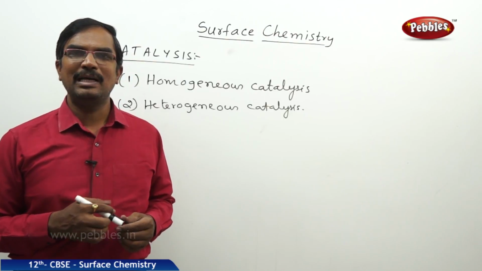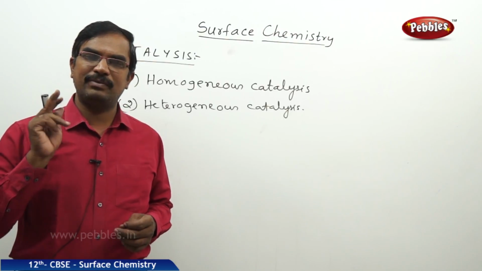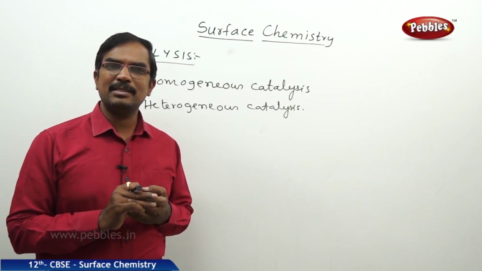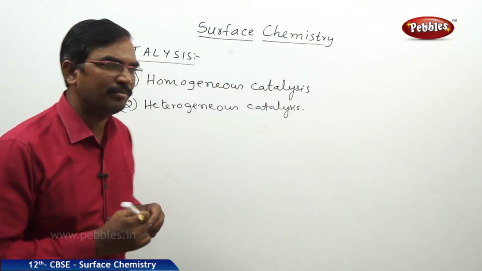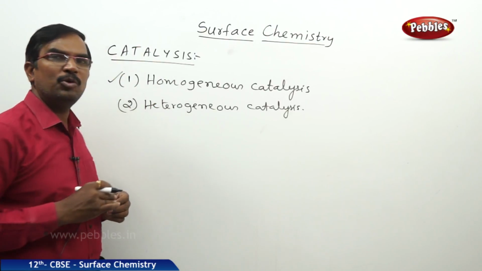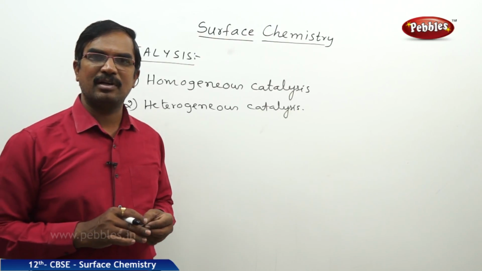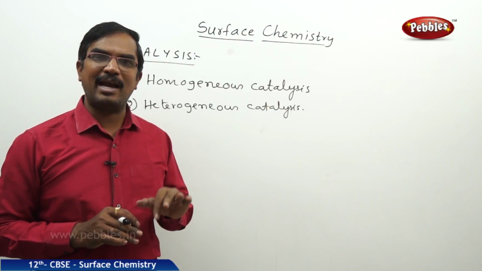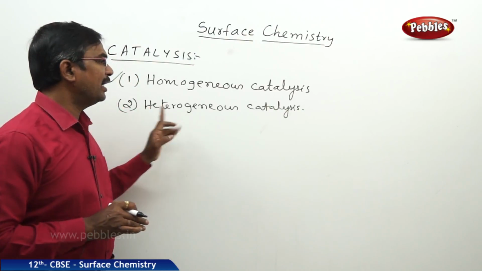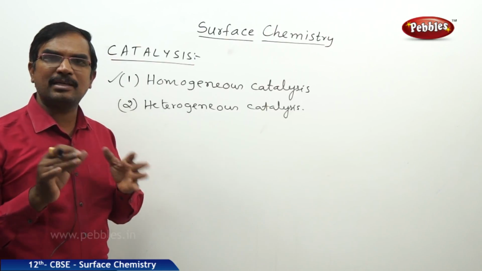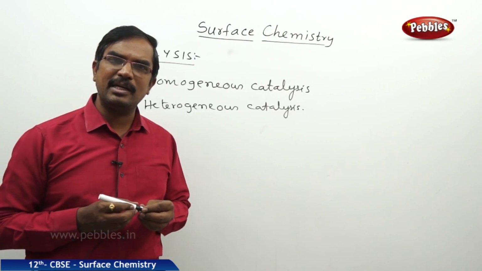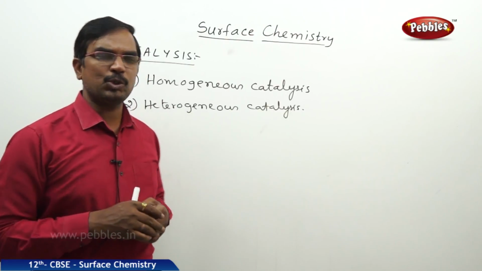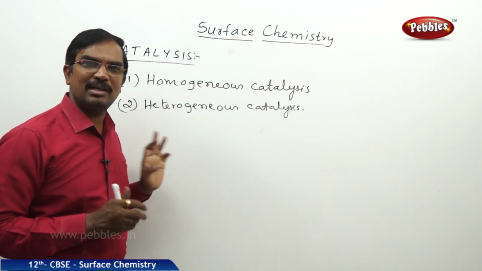It is based on the physical states of the catalyst and the reactants. If the physical states of the catalyst and the reactants are the same, then it is called homogeneous catalysis. If the physical states of the reactants and the catalyst are different, then it is called heterogeneous catalysis. So just by comparing the physical state of the catalyst and the reactants, we can classify the catalysis into two types, homogeneous as well as heterogeneous.